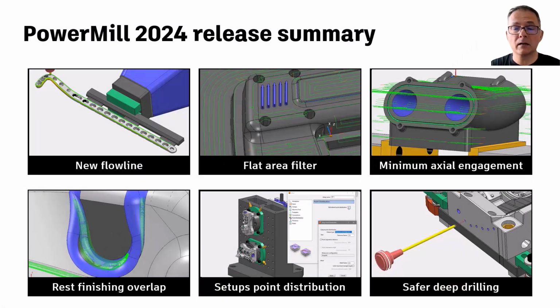PowerMill 2024 includes new tooltip options for flow line finishing, a new option to automatically filter and remove small areas from flat machining strategies, options to control the minimum axial engagement when using step cutting in area clearance, improved rest finishing with a new overlap setting, enhanced machining setups with the ability to define point distribution settings, safer deep drilling with those controls over peck and withdrawal distance, and improved quality of automatic raster angle calculation, and many other small but significant updates that will improve your overall user experience when using PowerMill.